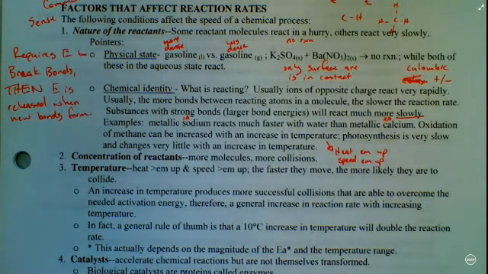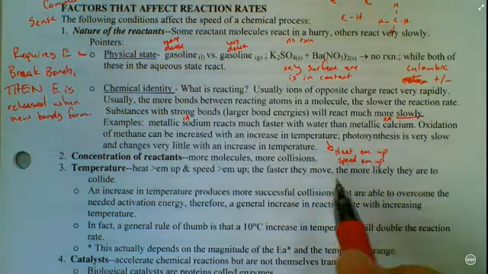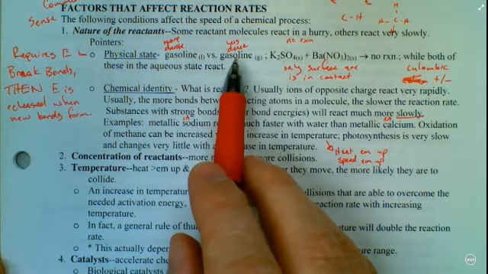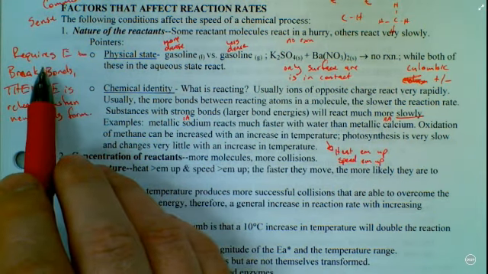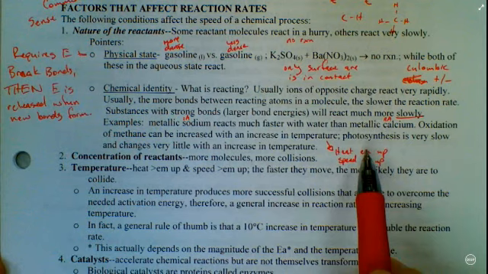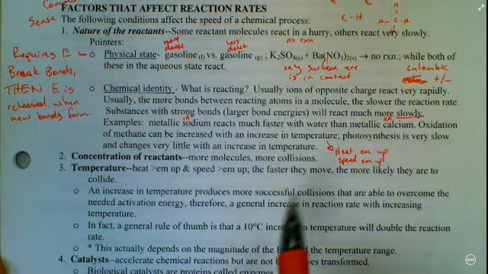And if we all have similar masses, all that's going to increase with temperature is going to be the velocity. Okay, the velocity is going to increase. And so if we have increased velocity, these things are moving faster. So when they collide, there's more energy present in that collision. It's an easier time to break the bonds. That means that reaction is going to progress a lot more quickly.